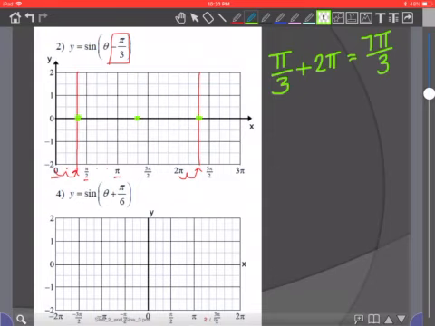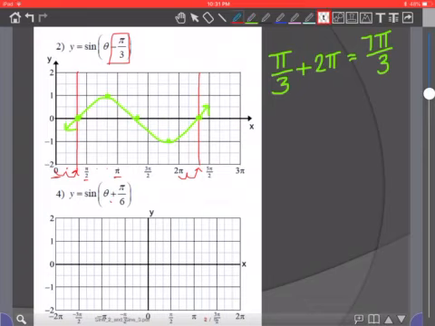Between those 2 points, it goes up all the way to 1, and between the next 2 points, it goes down to -1. Connect your points. There's question 2.